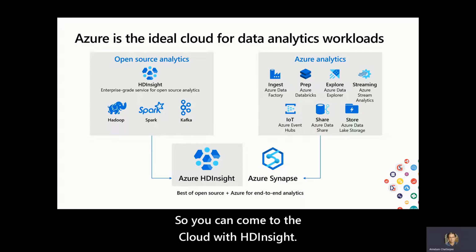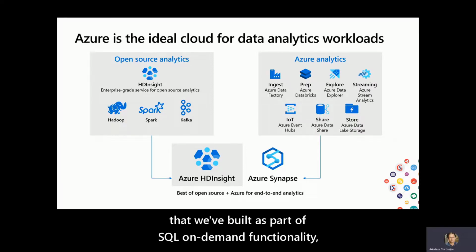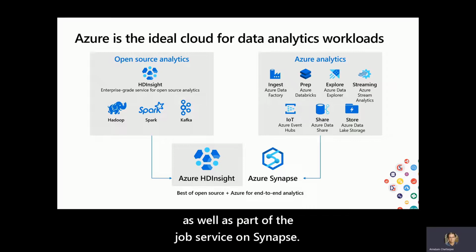So you can come to the cloud with HDInsight, but as you modernize, you can use some of the data warehousing technology that we have built as part of Synapse, SQL on-demand functionality, as well as Spark as a job service on Synapse. These are all available to you very deeply and seamlessly integrated together.